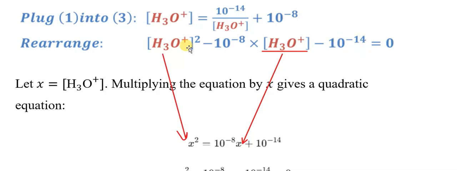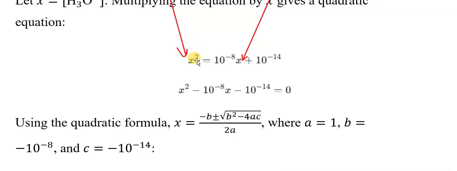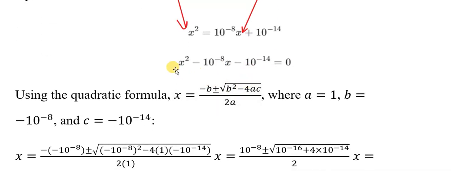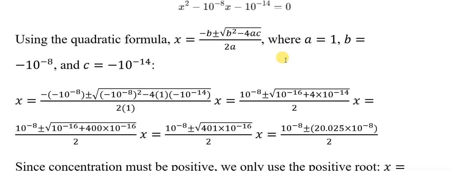Rearranging the equation, we get X squared minus 10 to the power minus 8 X minus 10 to the power minus 14 equals 0. That is the equation ready for the quadratic equation.